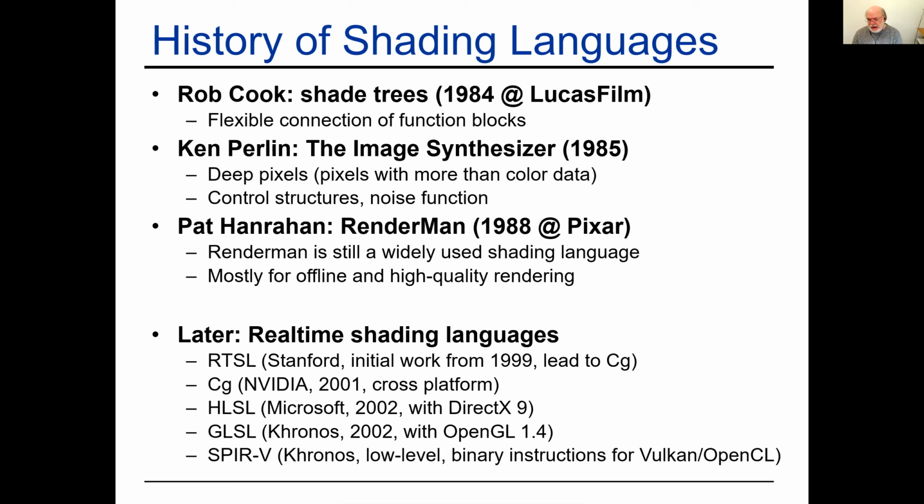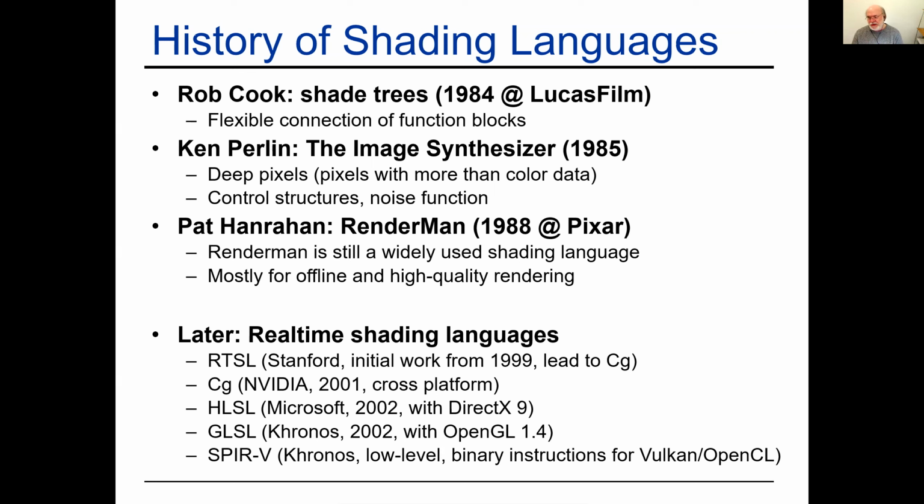And then a year later, Ken Perlin, who you know from Perlin noise, came up with the image synthesizer, which applied this in the context of deep pixels. Deep pixels were not just a frame buffer with color data and maybe depth, but you could store many more things, like the normal vector, texture coordinates, temperatures or any other data.